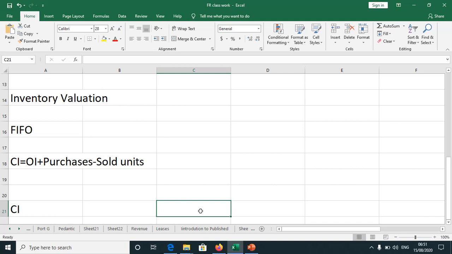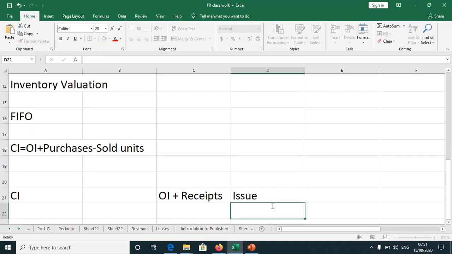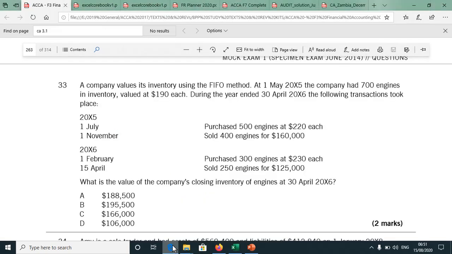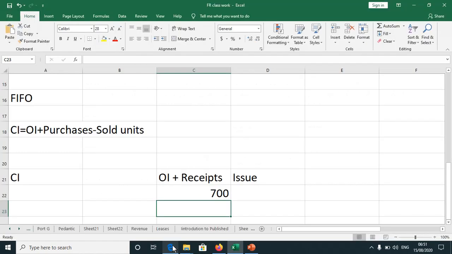So let's have our opening inventory plus receipts. You know what we say in cost accounting. Otherwise, we're going to have too much time wastage there. So let me run with my receipts. In my receipts, I've got 700, and on the 1st of July, 500 engines, followed by 300.